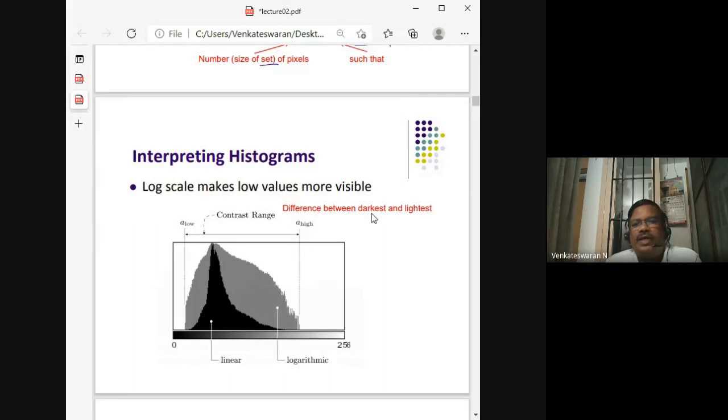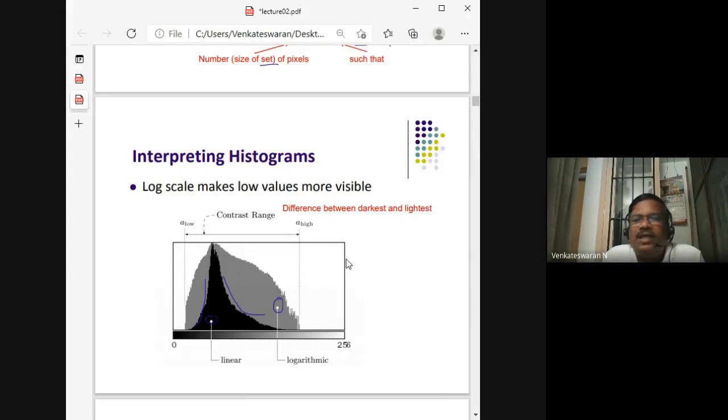So when you want to interpret these histograms, basically the contrast range is so much, but however the image is only occupying a certain portion of this range, right? When you look at it in a typical logarithmic scale, you will get an image like this.